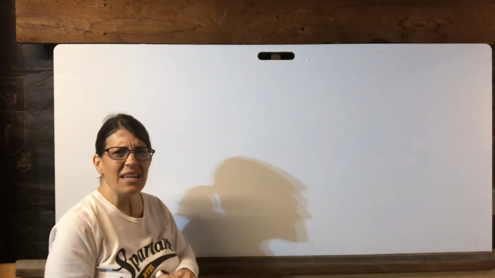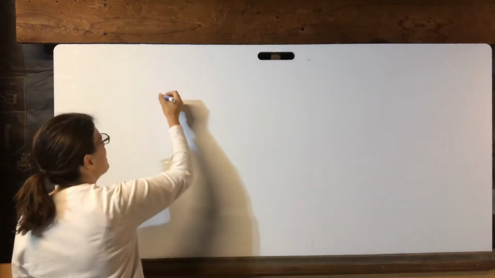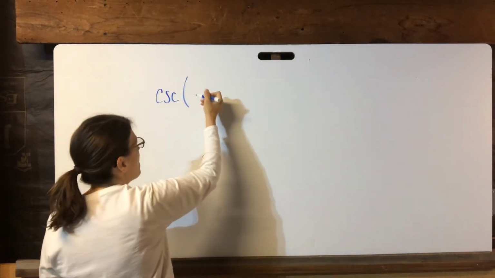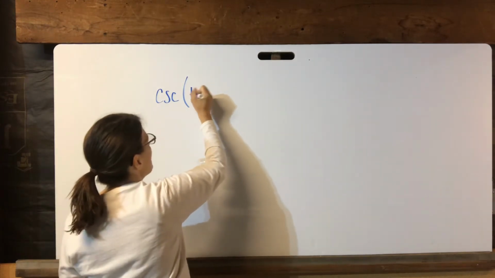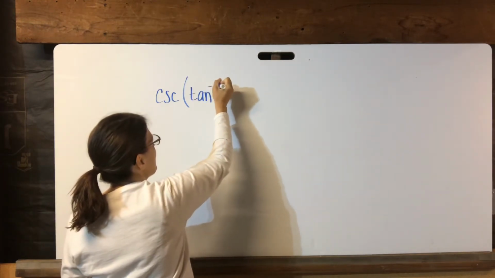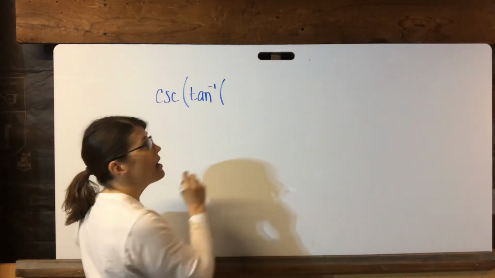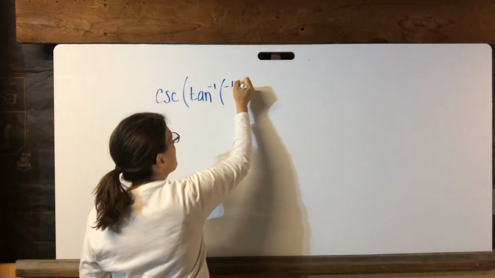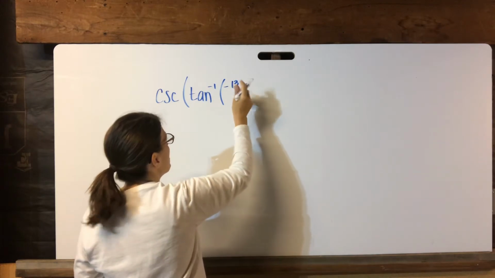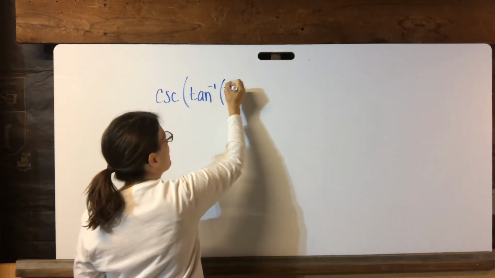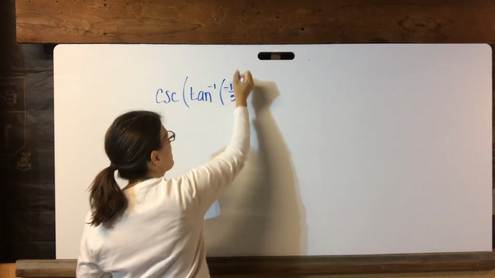Okay, so let's say you have something like the cosecant of the inverse tangent of, how about negative 13, no, negative 12/5.